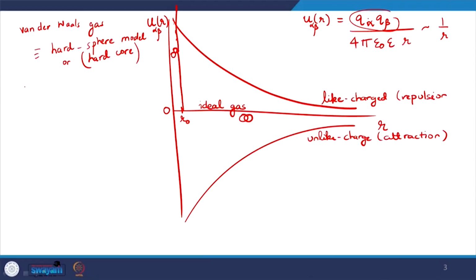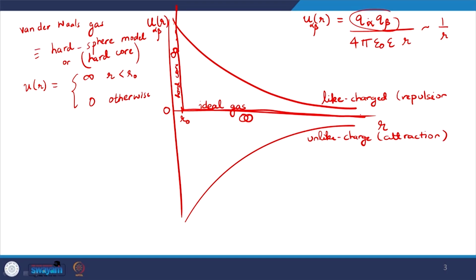For this particular model, the U of R has the form infinity when R is less than R naught, that is whatever the overlap or close contact distance is, and 0 otherwise. This becomes my hard core model, and of course, beyond this point it follows the ideal gas like behavior.